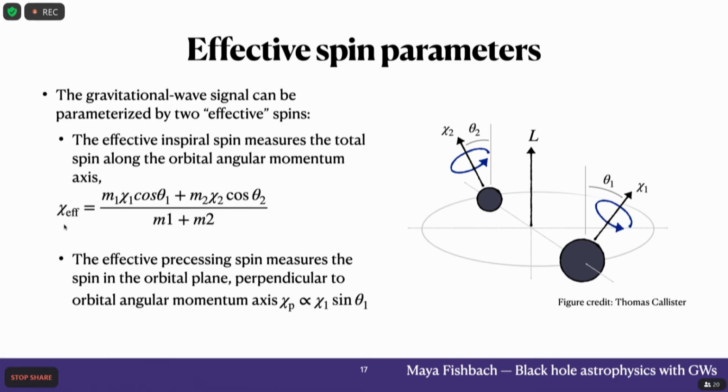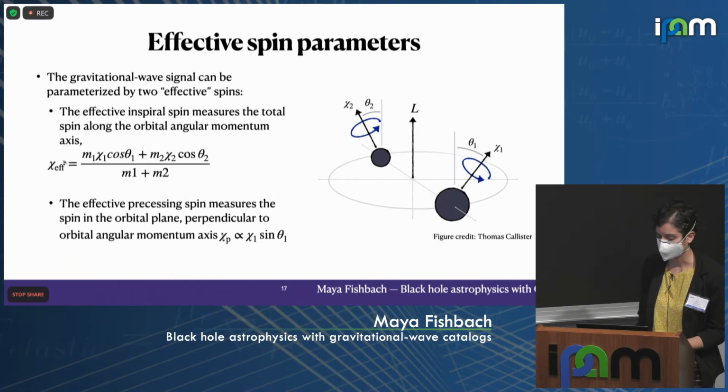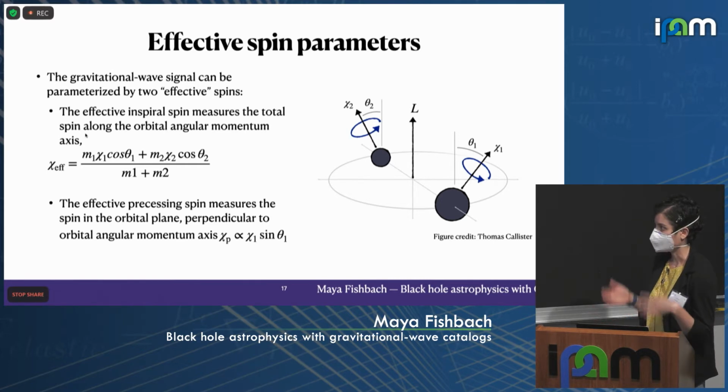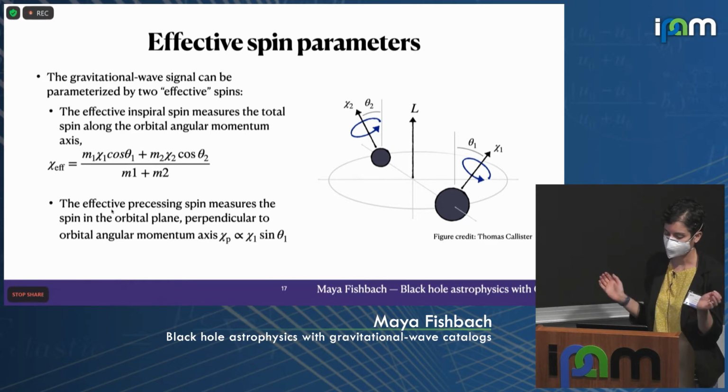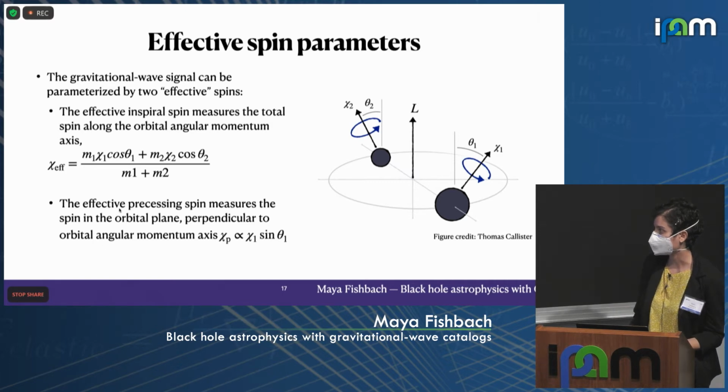This effective inspiral spin parameter, chi effective, measures the total spin along the orbital angular momentum axis. So it's an average of the part of the spin of the primary here and the secondary here that's pointing in the same direction as L. And then the effective precessing spin is some measure of the spin in the orbital plane.